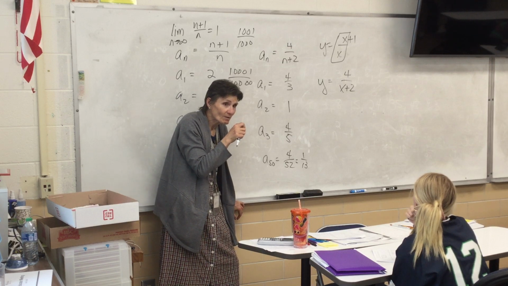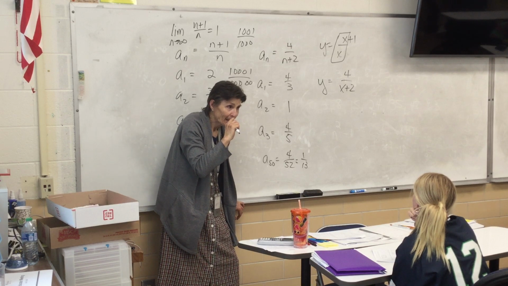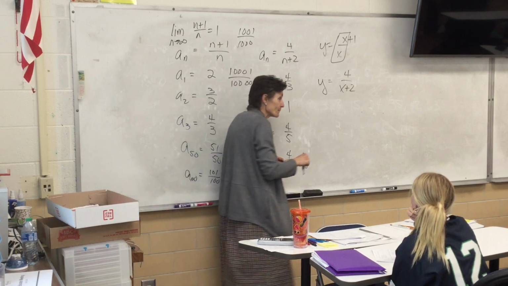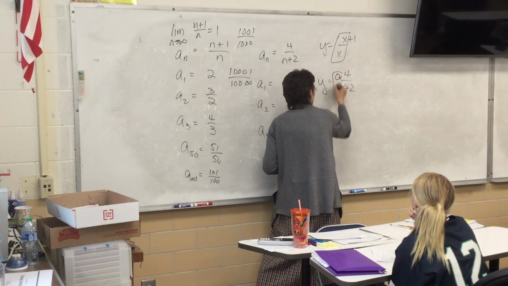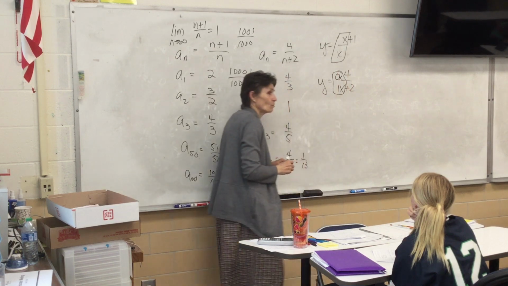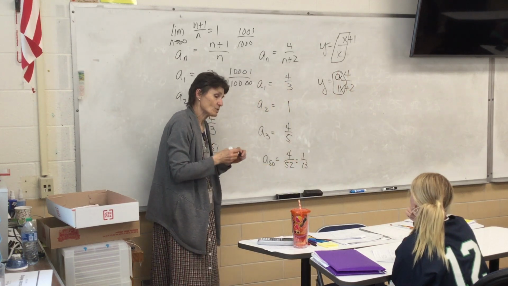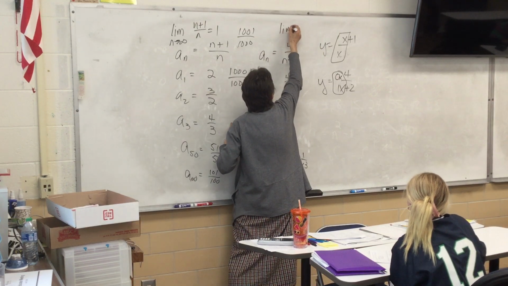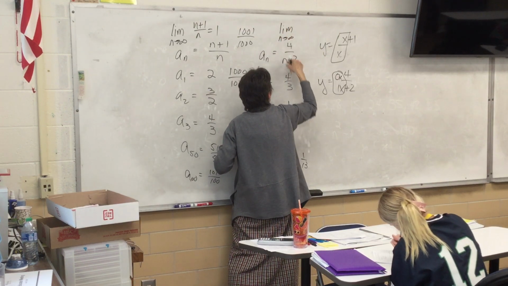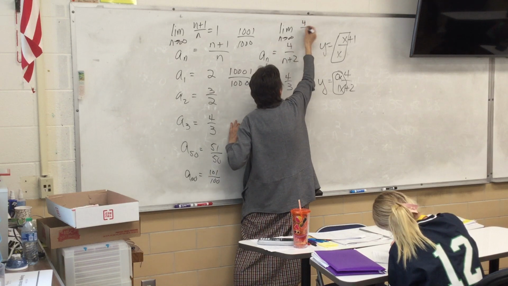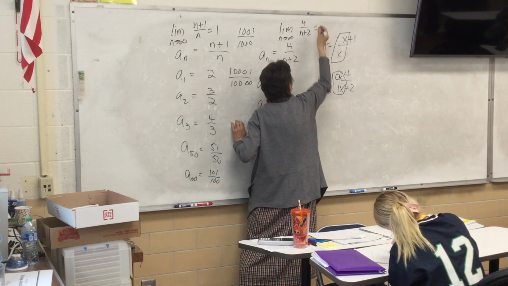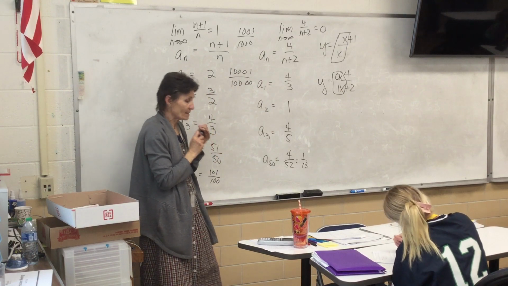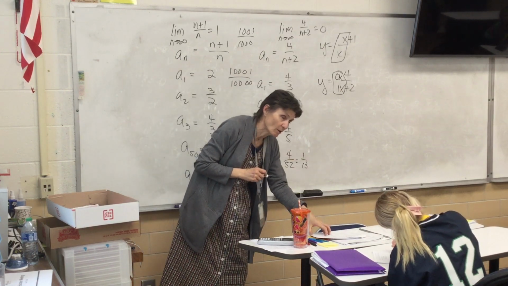We compare the x's. How many x's do you have on top? Remember, 0 over 1. What's 0 over 1? 0. So the limit as n approaches infinity of 4 over n plus 2 is 0.